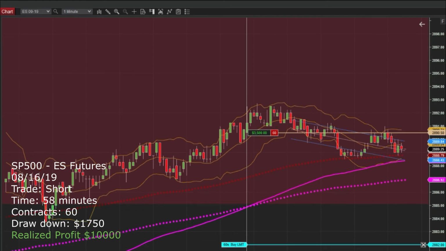Not much, but with 60 contracts short, we've already seen a good amount of green right here. However, with the boat pretty full, we're looking for a good size move to the downside. 60 contracts short. This can make us a very, very large amount of profit.